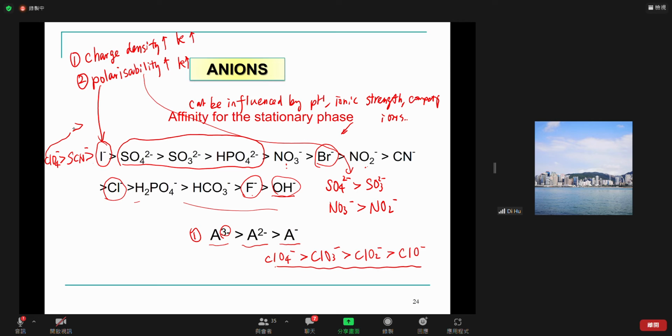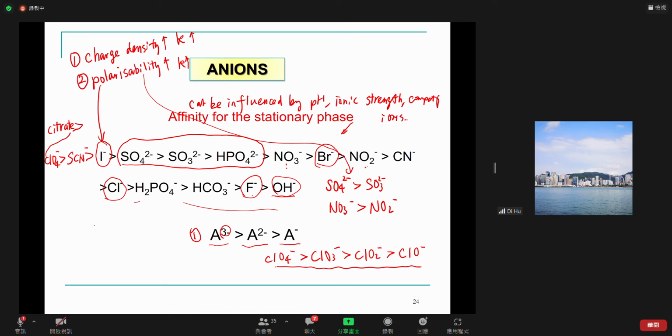Then there will be that one, it can be the citrate ion. This one has an even larger affinity. So the citrate ion has C6H5O7.